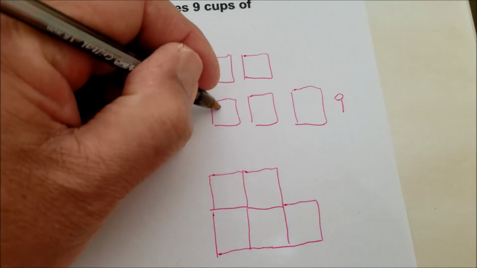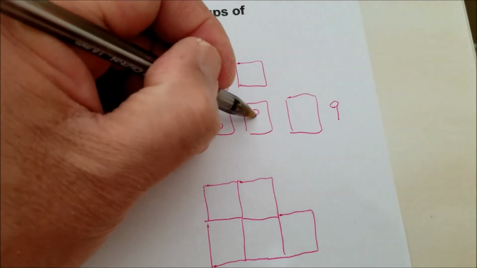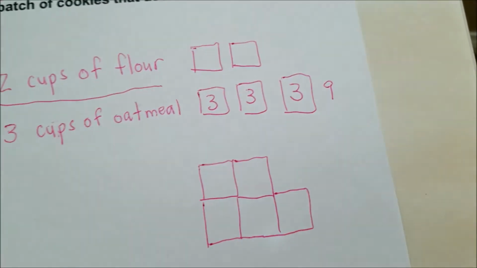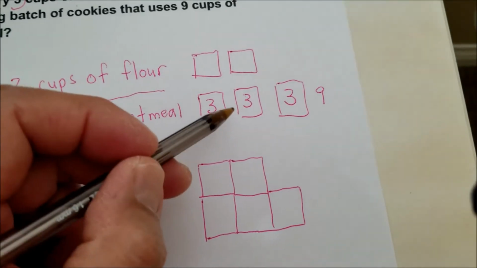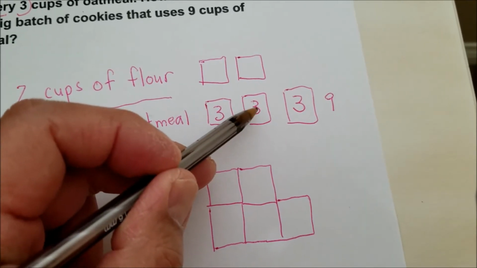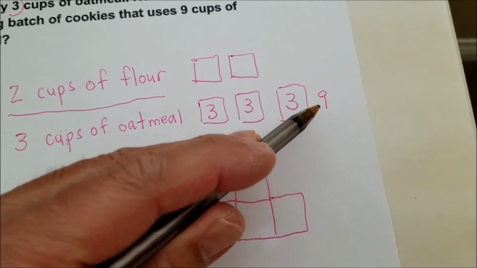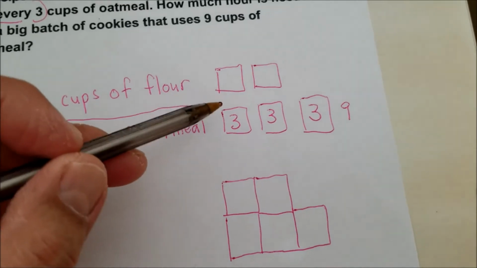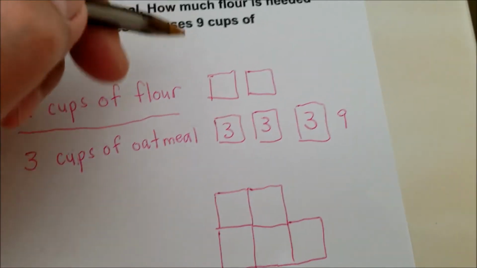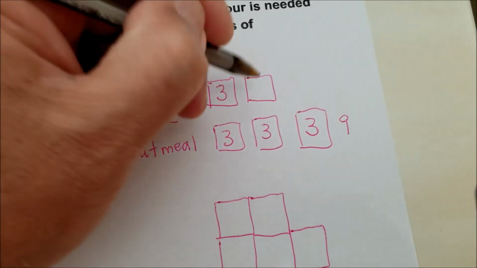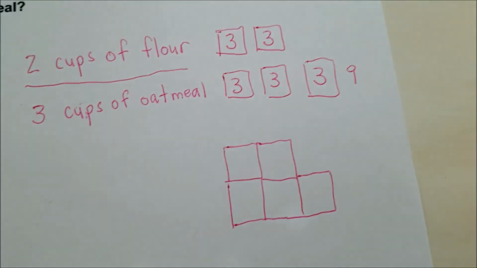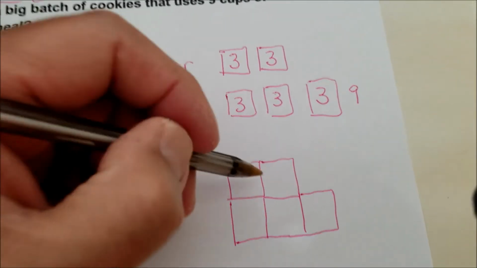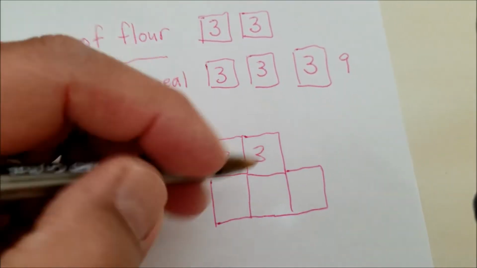So we're going to put 3s in each of those boxes. If we add them up now, 3 plus 3 is 6, 6 plus 3 is 9. And then we're going to go to the top and put that same 3 in these boxes. And let me do that same thing down here.